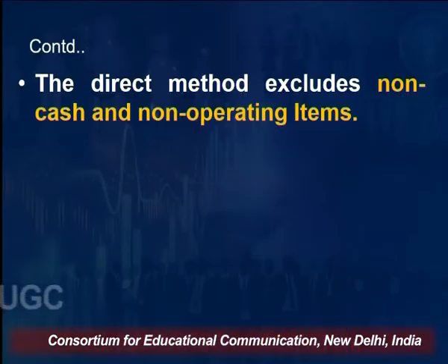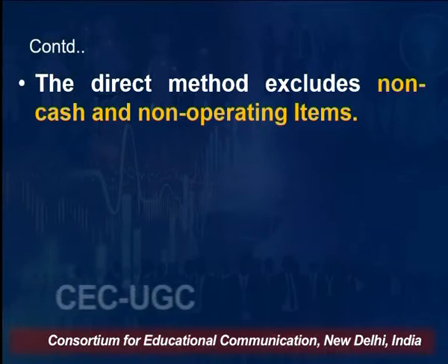The direct method, basically what it does, it excludes non-cash and non-operating items. When we are preparing the statement of cash flow and we are dealing with the net cash from operating activities, we exclude two things. One is non-cash items, another is non-operating items. So non-cash items need to be excluded. Apart from that, anything which doesn't belong to operating activities, as of now, is of no use for me.